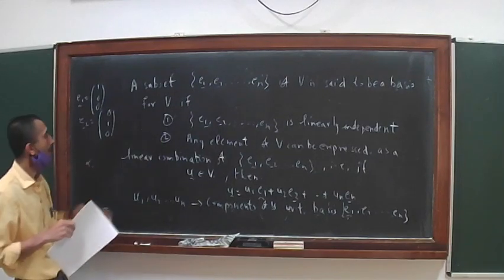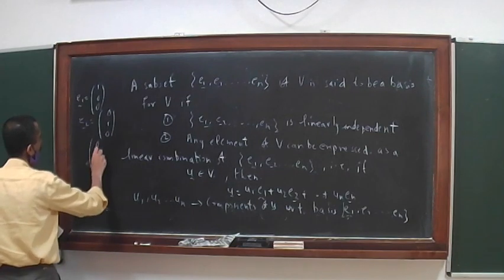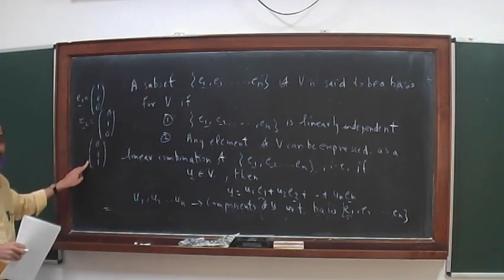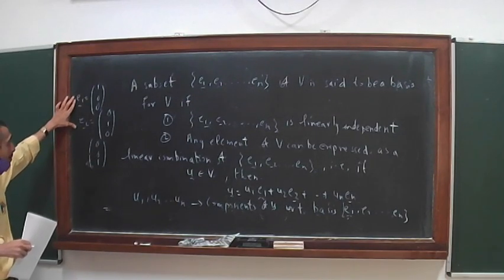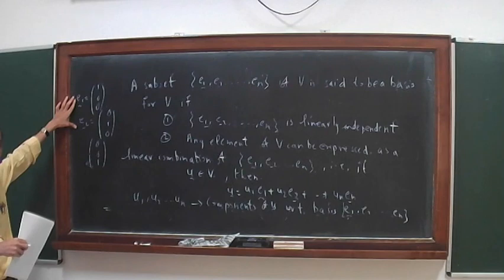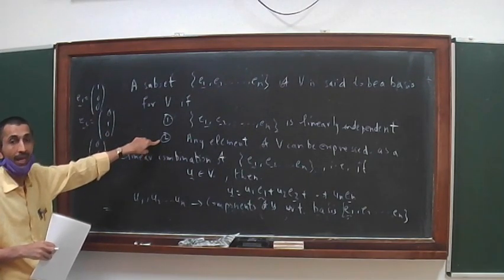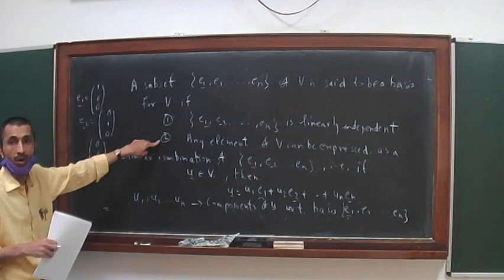For example, suppose I have the vector 0, 0, 1. I cannot express the vector 0, 0, 1 as a linear combination of E1 and E2. So E1 and E2 do not constitute a basis. Basically, they do not satisfy the property that any element of V can be expressed as a combination of E1, E2 up to En.